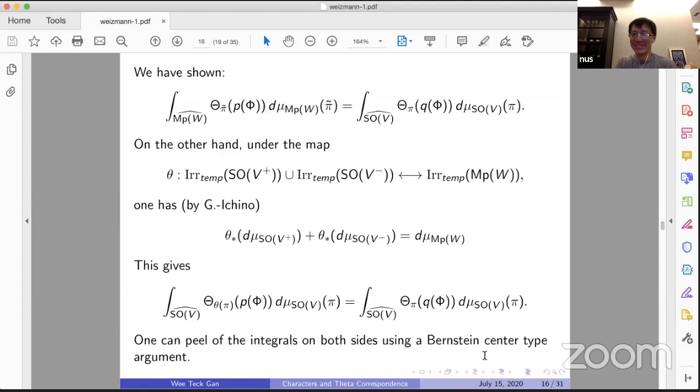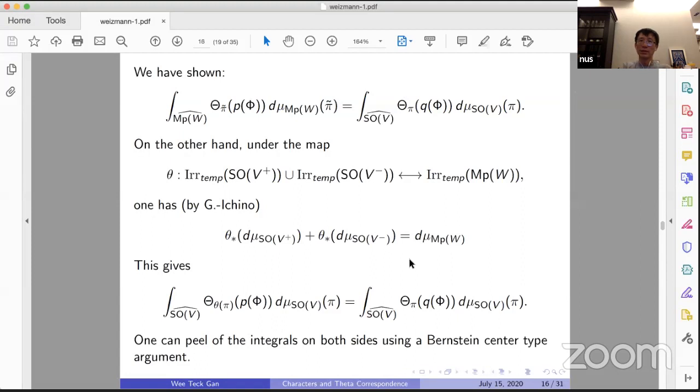Basically, this identity holds not just like that, but you can insert test functions in front of both sides, and if you have sufficiently many of those, they allow you to localize and remove the integral sign. So that is a brief sketch of the character identity. The main inputs are the Harish-Chandra character theorem, and also this result with Ichino.